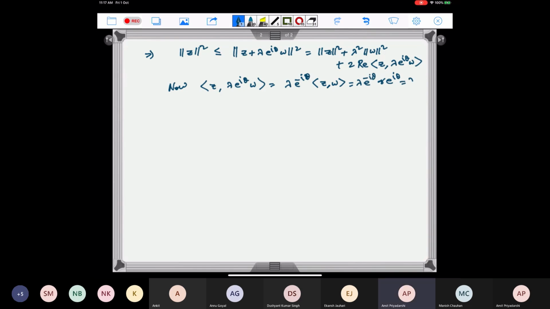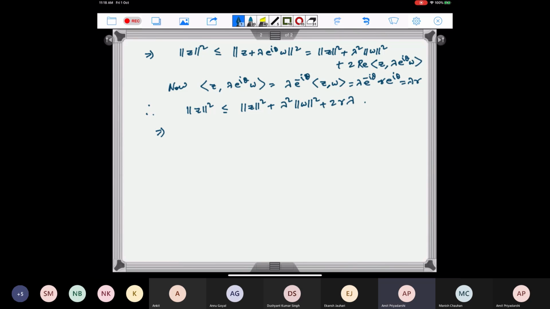So this is equal to lambda times r. So we get norm z squared is less than or equal to norm z squared plus lambda squared norm w squared plus 2 times, and this is a real number if lambda is real, so we don't need the real part, we get 2 times r lambda.